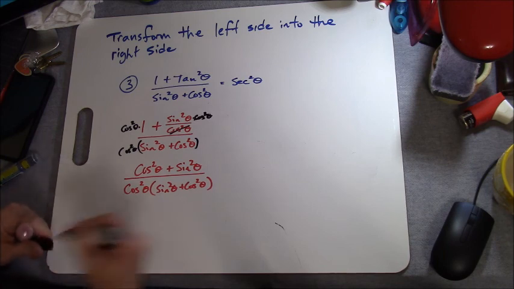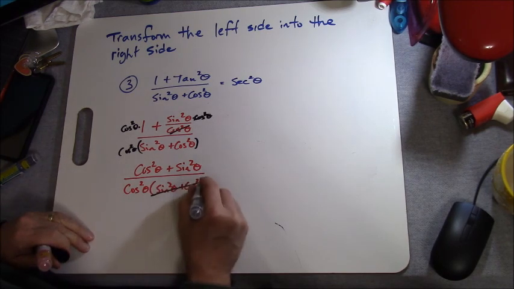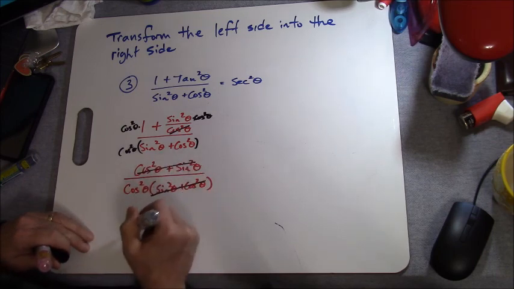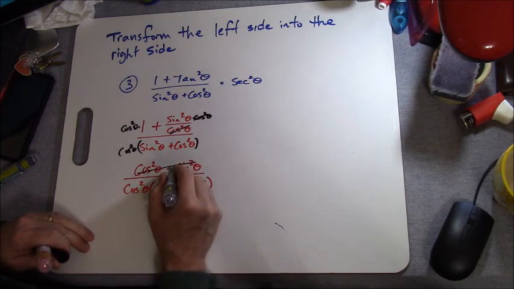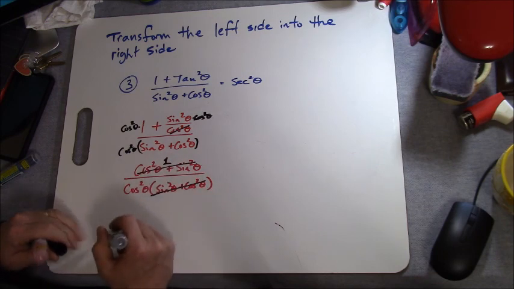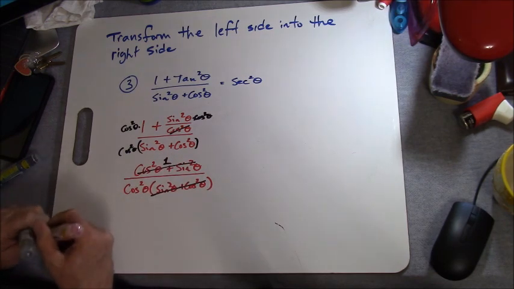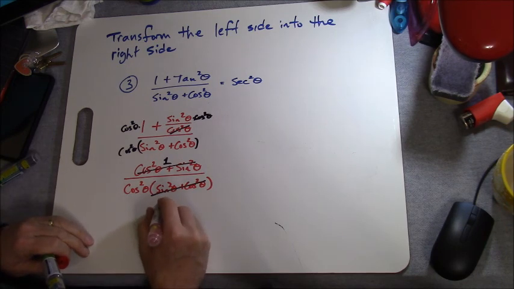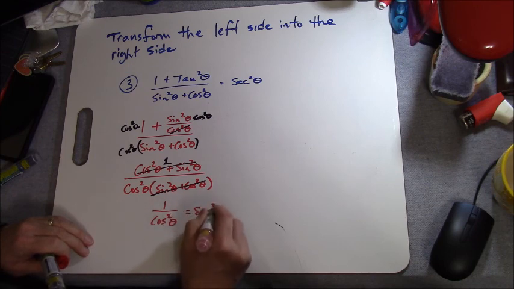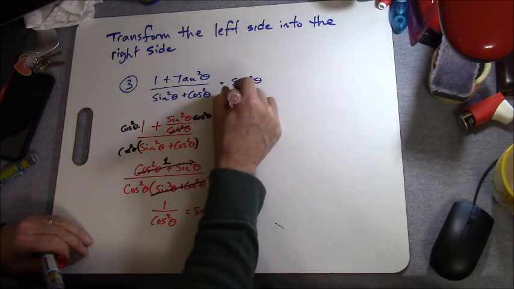And so as a result I can cancel this whole thing because I'm multiplying here with this whole thing. And again when I cancel I'm saying this divided by this equals 1. So now what I have is 1 over cosine squared theta, which is equal to a secant squared theta, and that's what I was trying to get to.